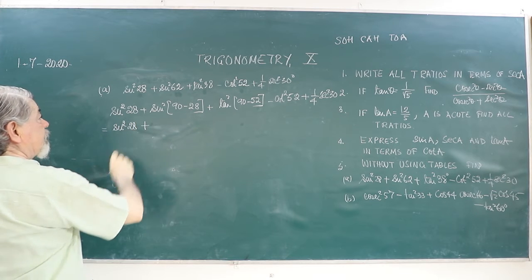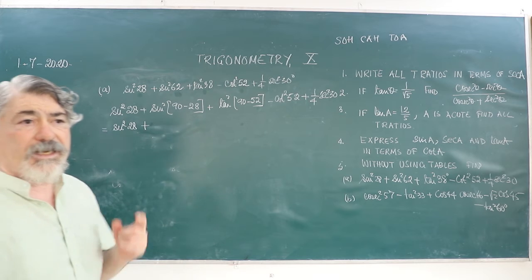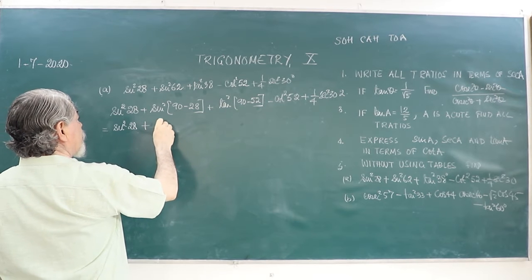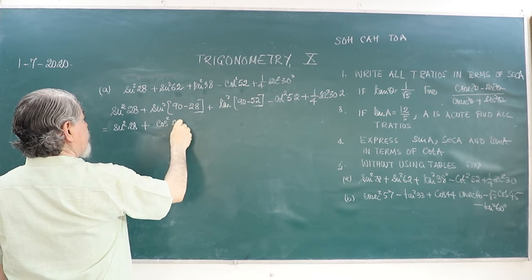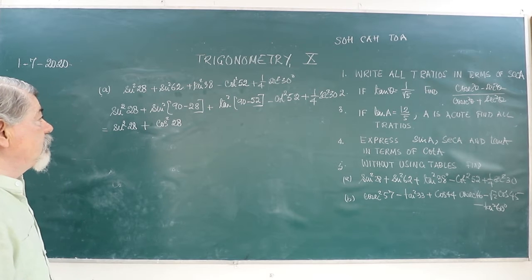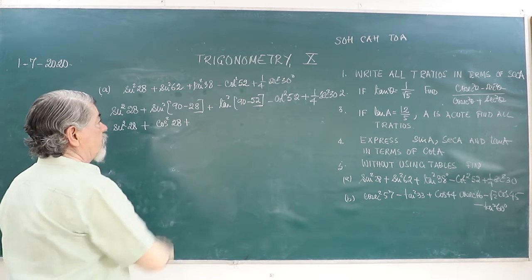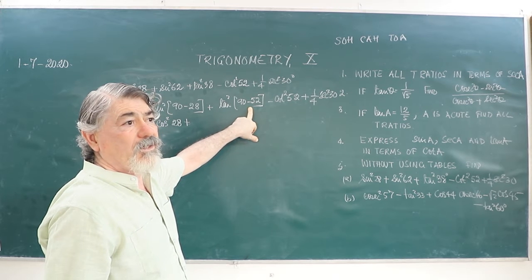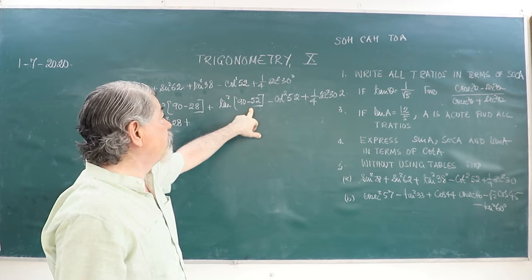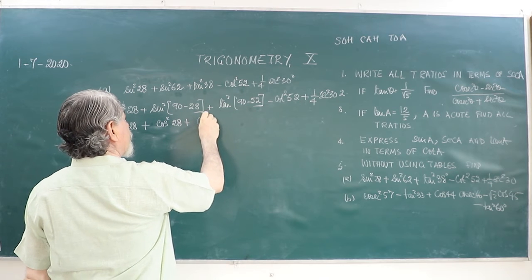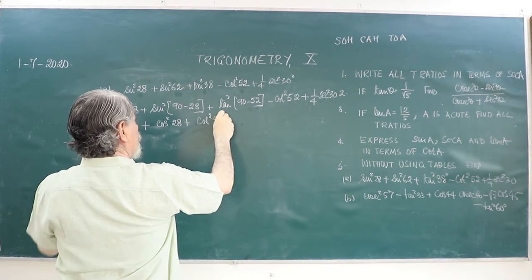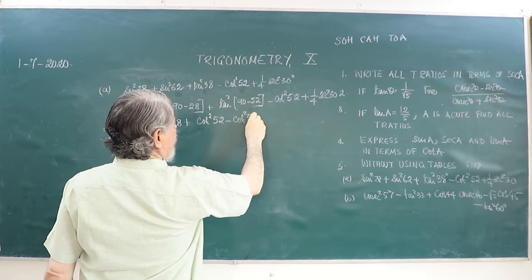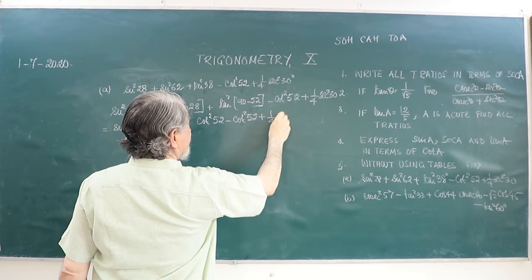Sin 90 minus theta is cos theta, and it is a square, so it will become cos square 28. Tan 90 minus theta is cot theta. So it will become cot square 52 minus cot square 52 plus 1 upon 4 sec square 30.